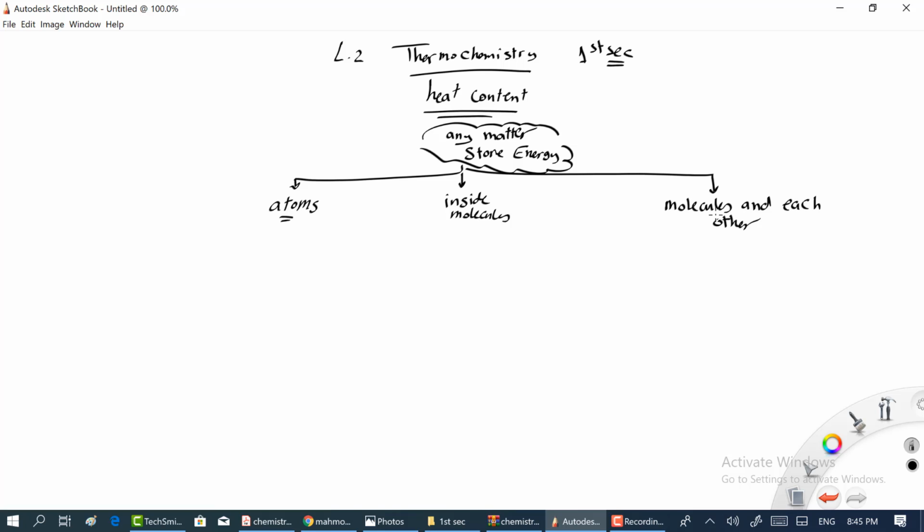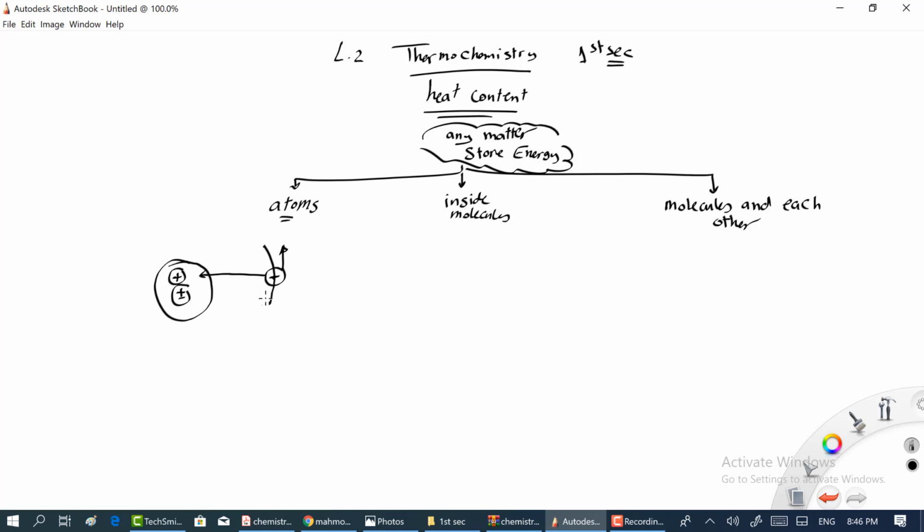Firstly, the energy stored inside the atom represents the energy of electrons in energy levels. When you have electrons in one of the energy levels at a distance from the nucleus, the nucleus starts to attract these electrons, and by centripetal force the electrons do not fall inside the nucleus.